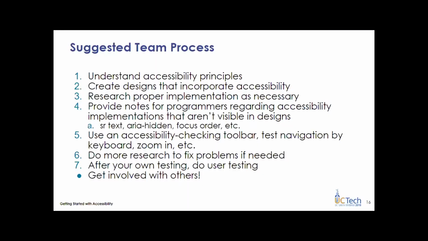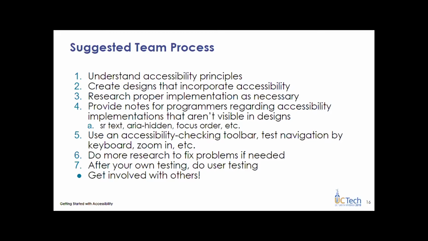So, examples. This is my suggested process for getting started with accessibility stuff. First, understand accessibility principles. So that's going through and really reading the UC Tech guidelines and whatnot, understanding how they apply and what they look like. If you are in a design role, create designs that incorporate accessibility into them from the beginning.